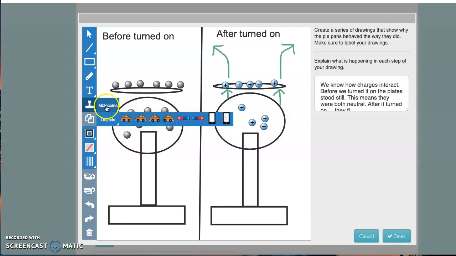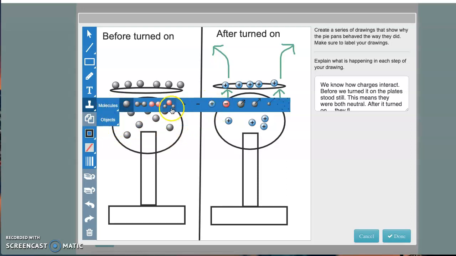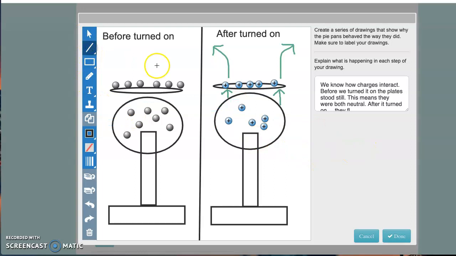There's magnets in here. But right now, we've got a gray one, and I like to use the gray one as a neutral. I've got a plus and a minus for positive and negative. You can also draw different lines. There's different shapes in here. But be sure to show motion.